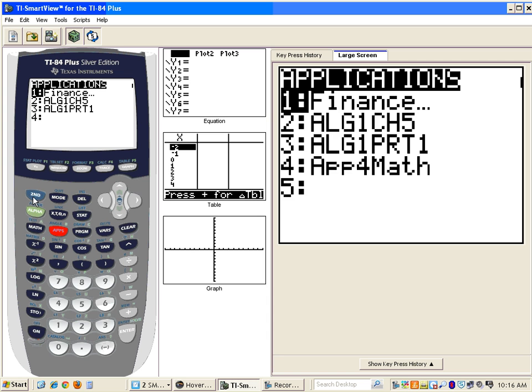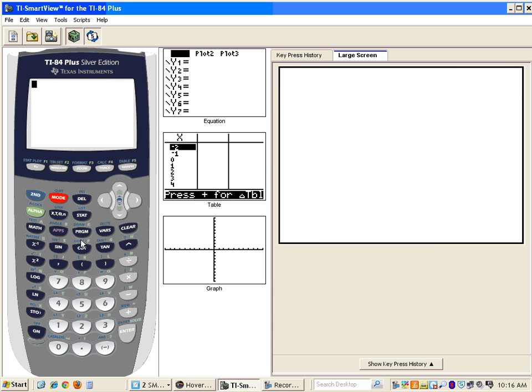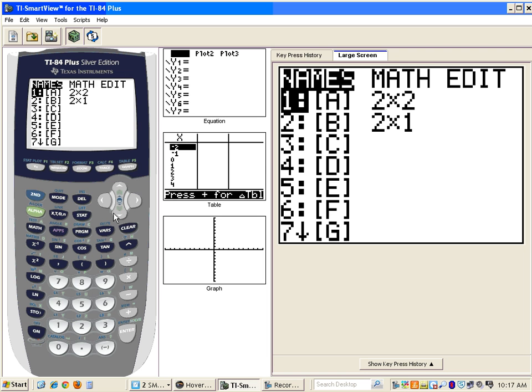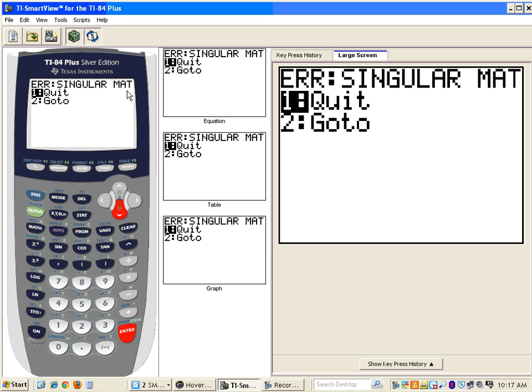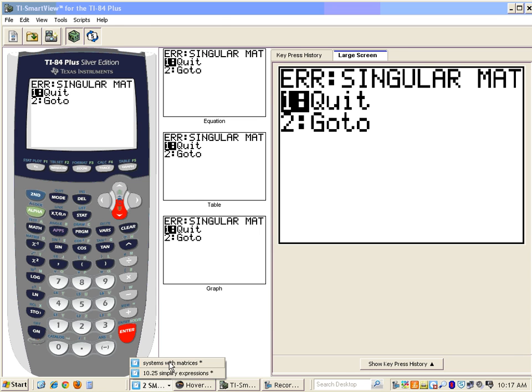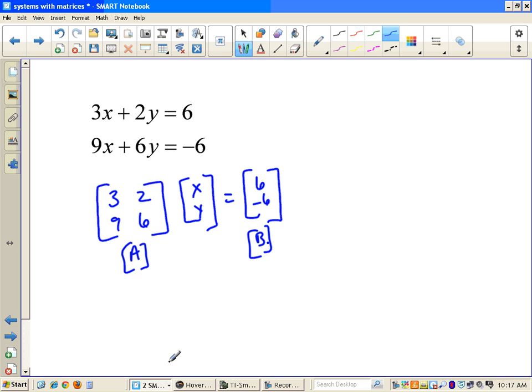That's going to make a difference for you guys. Quit. Pull up matrix A to negative 1 power times matrix B, and it says, error, singular mat. I intended for this to happen, just so you know. It means singular matrix. So this gets us an error message.